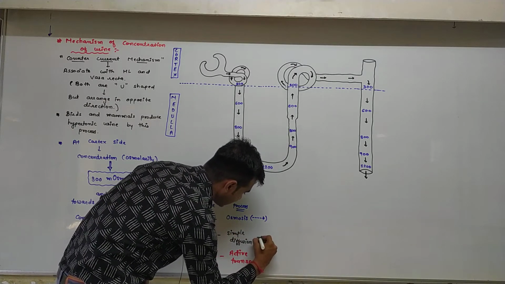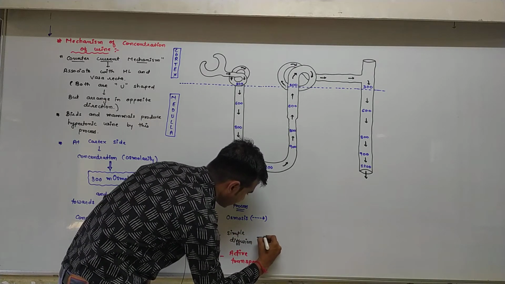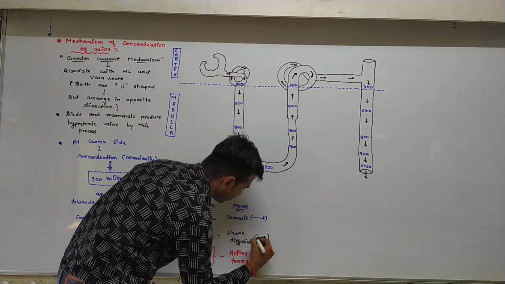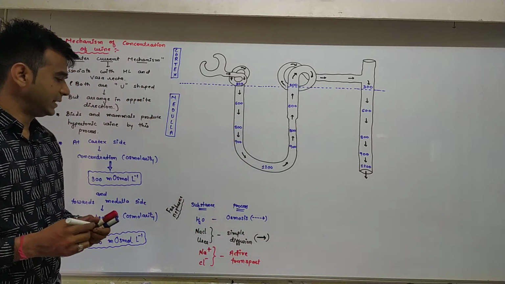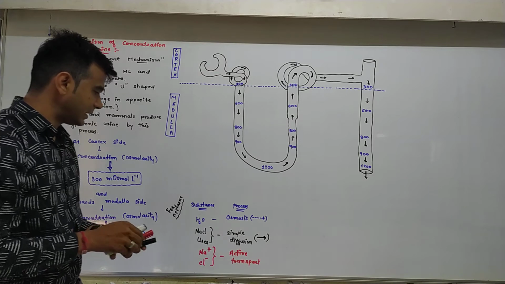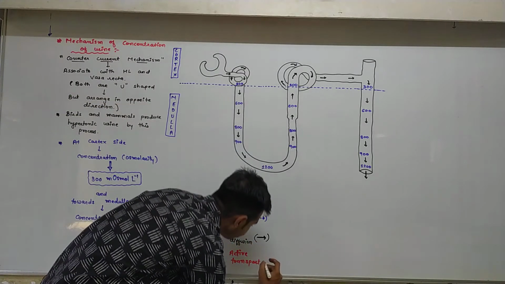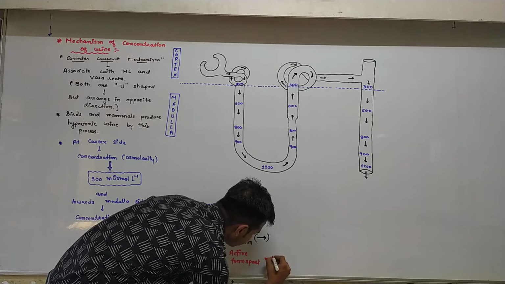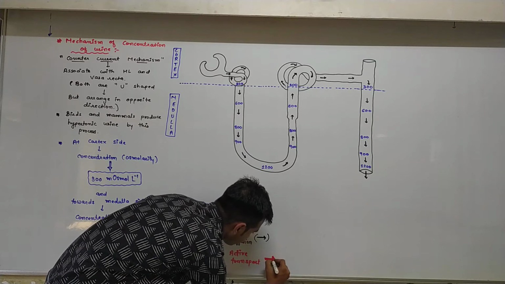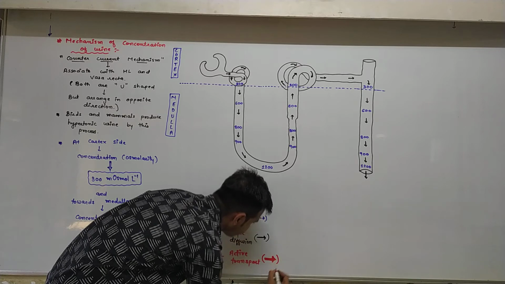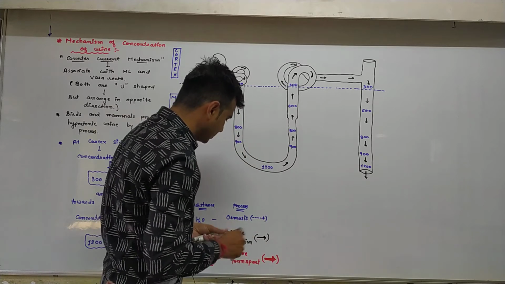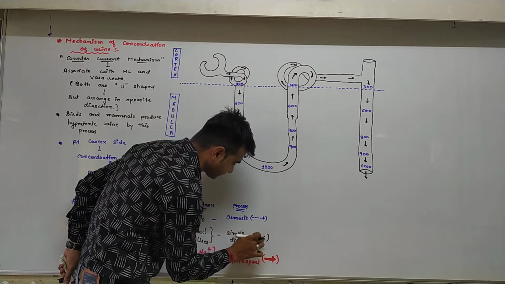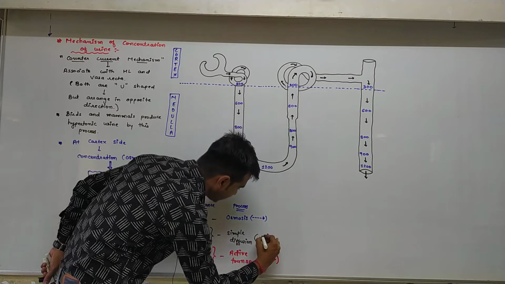We can note it by this arrow, a simple arrow. But active transport, we can show by a dark arrow. Fine, so this is the continued one, simple arrow.